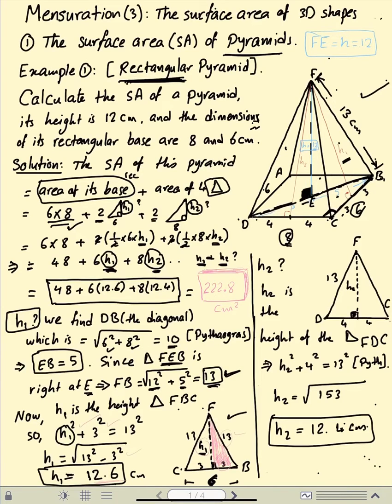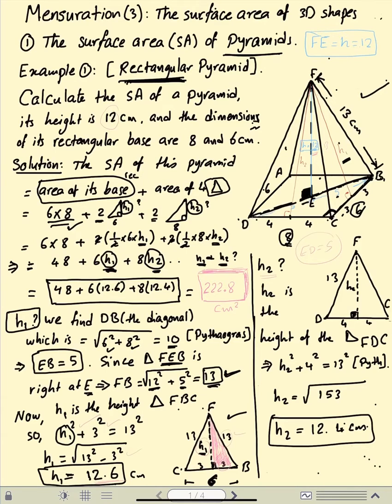Again, if I was fast here, we'll do the same logic to find h2. Now this is 13, so this is 13. Some students wonder, is it certainly 13? Yes, of course, I'll show you why quickly. ED is 5, and FE is 12, from the question, the height is 12.